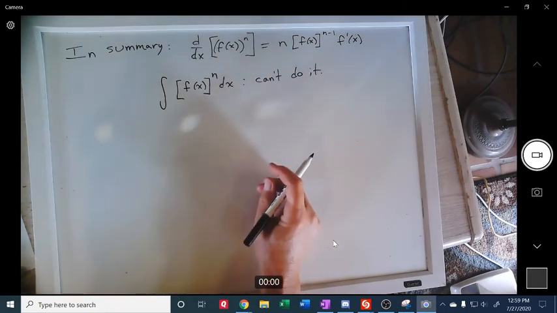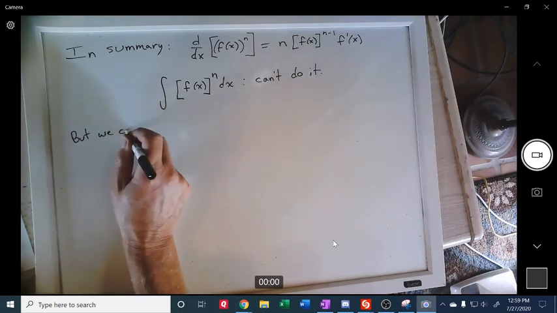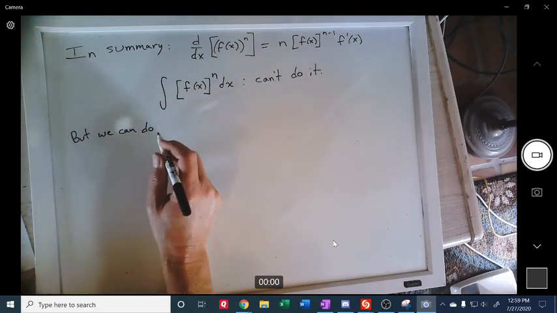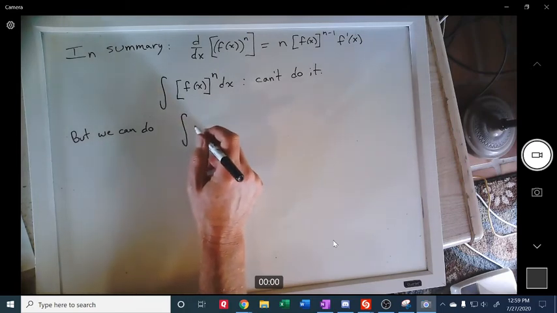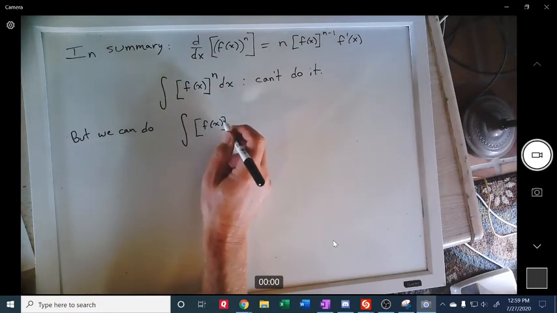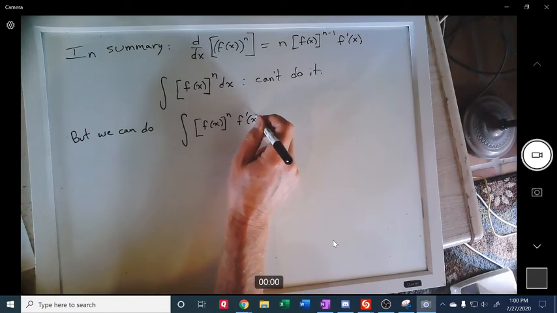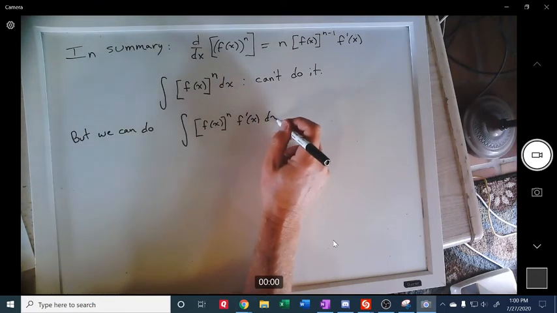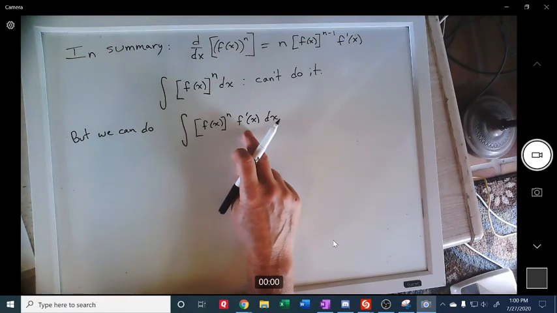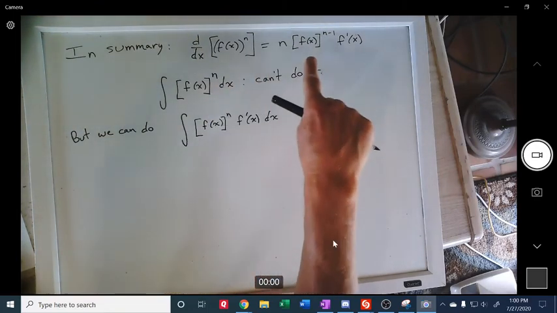But we can do this integral. If I have an f prime of x there, I'll be able to do it. But if that f prime isn't there, we can't.